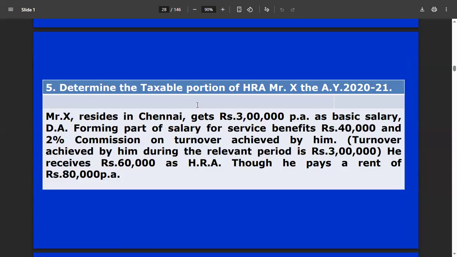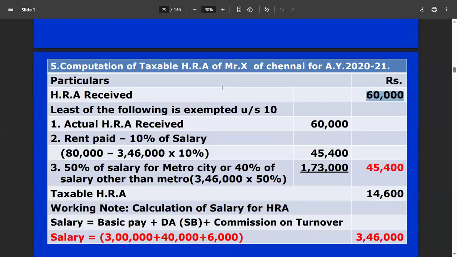So this was the numerical, and now let's read the solution.